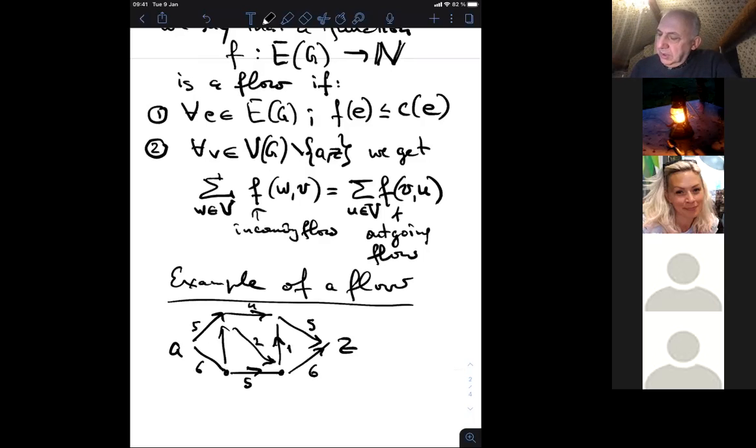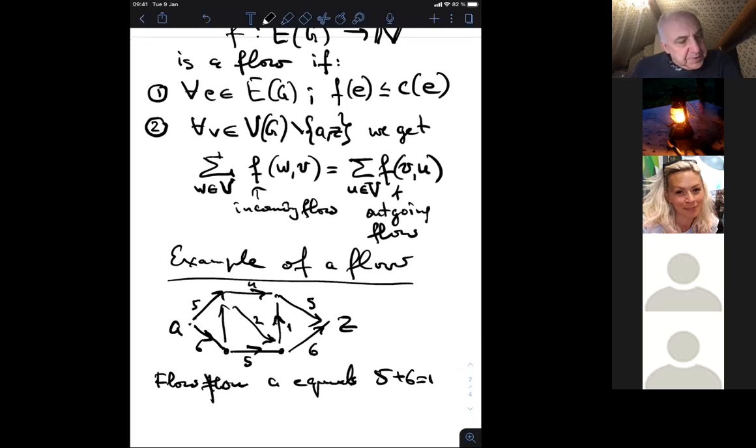Yes, and so from here we have the total 11. So flow from A equals 5 plus 6, which is 11. Oops, I forgot to put 1 here on this one.